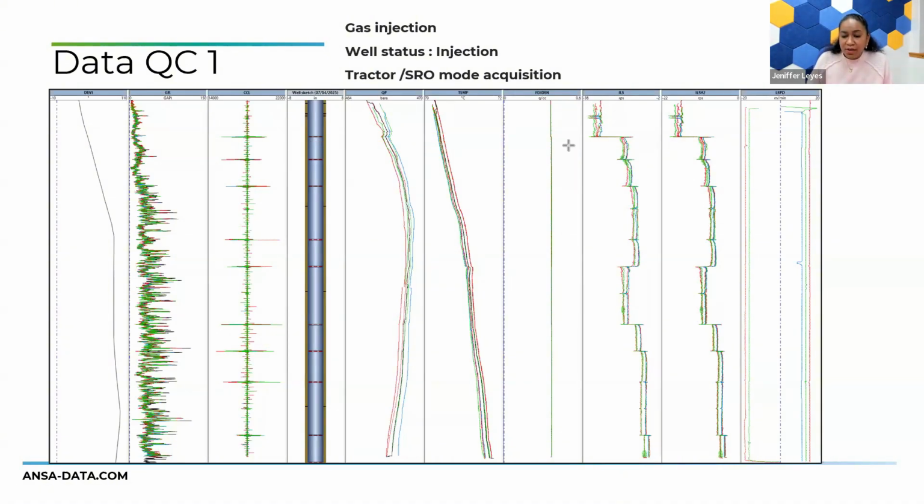So looking at all of this data, we are getting the responses as expected. The data is stable, is repeatable, and there are features which are correlatable between curves. It's giving us confidence.